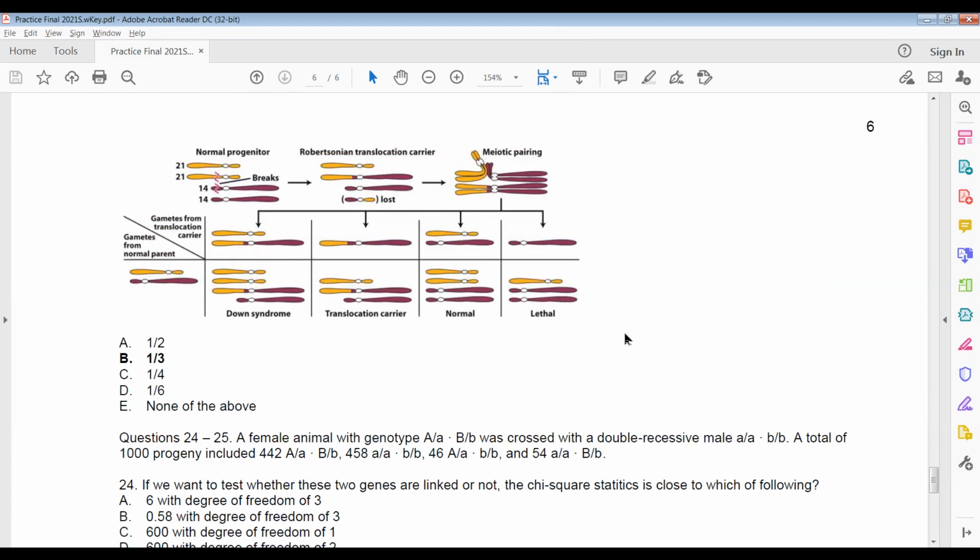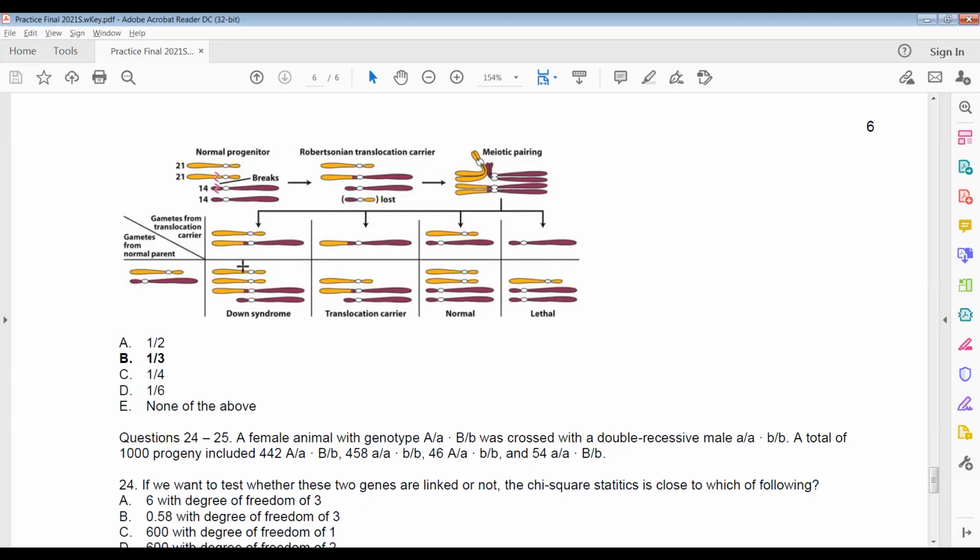Sure. Then what you're saying is, any chromosomes that are stacked like this are going to be lethal, specifically these. Yes, because for example, this one actually has only one copy of chromosome 21, so that's lethal, because a human being has to have at least 2 copies of 21 to survive.